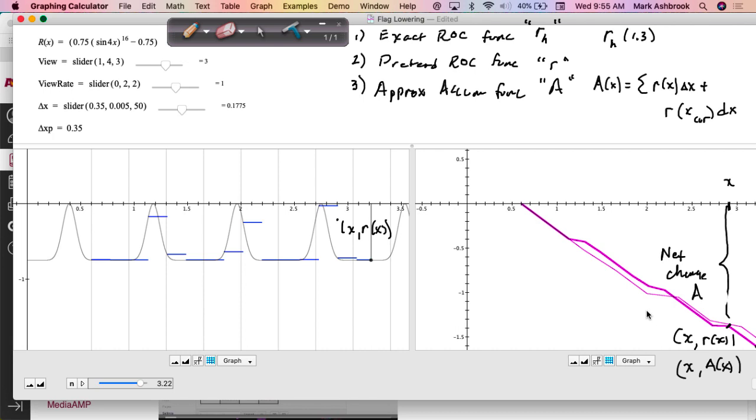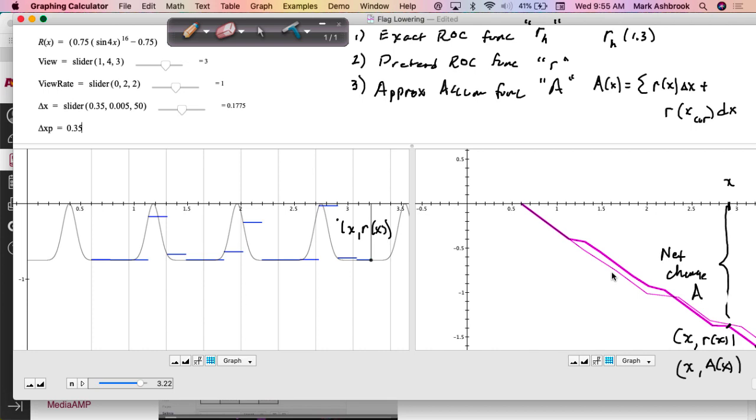And because the pretend rate is better, that's going to be better, right? But how does it compare to the last one? Is it the same as the last one? There's still a big difference, right? Because the two approximate accumulation functions are significantly different, that means we're not close to exact yet.